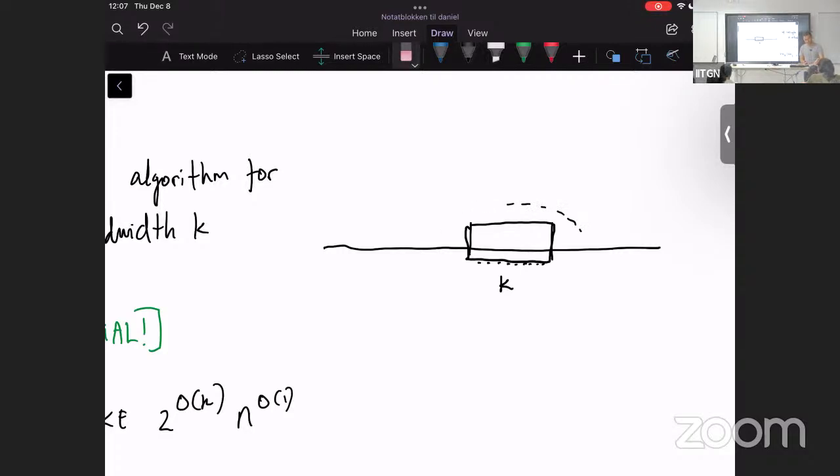Therefore, if I'm trying to find the Steiner tree, and I look at what is the intersection of a Steiner tree with the left side of the graph, maybe there are some terminals here. Blue are the terminals, yes? And here I have some Steiner tree going around and doing stuff.